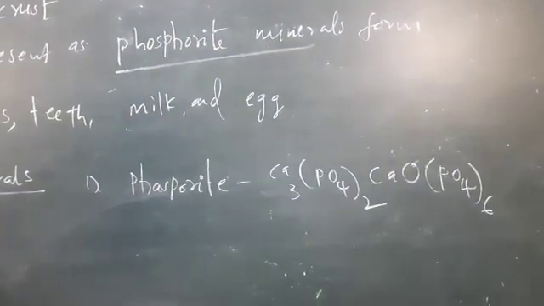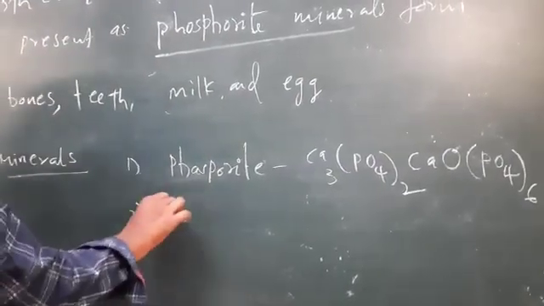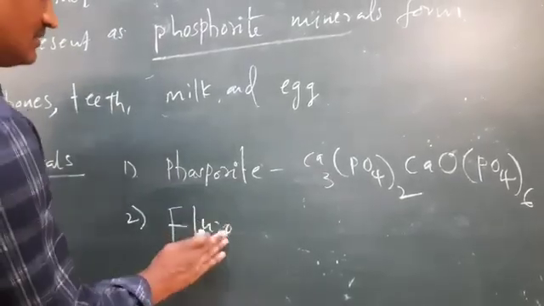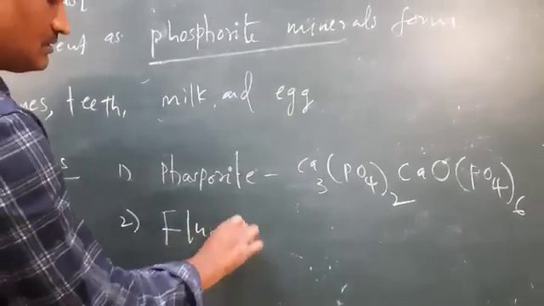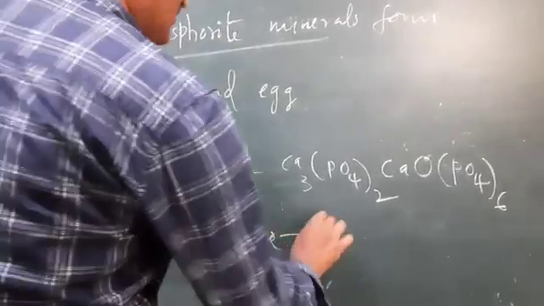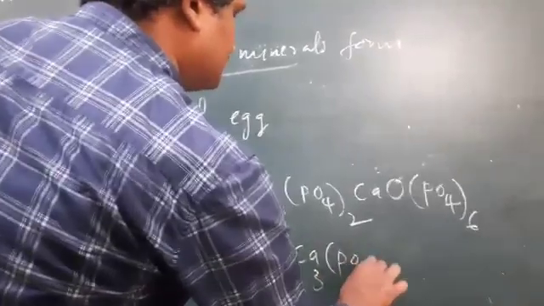The second one, fluorapatite, has the formula 3 moles of calcium phosphate with calcium fluoride.